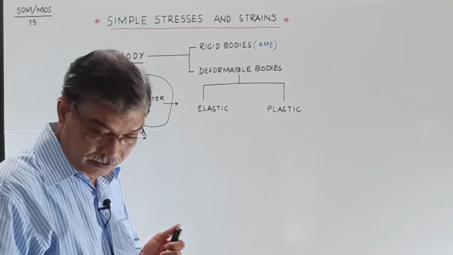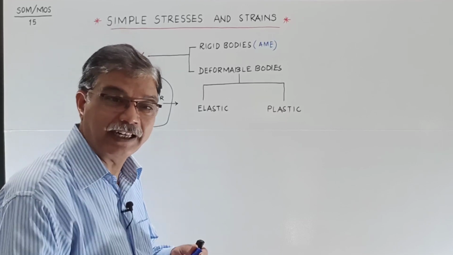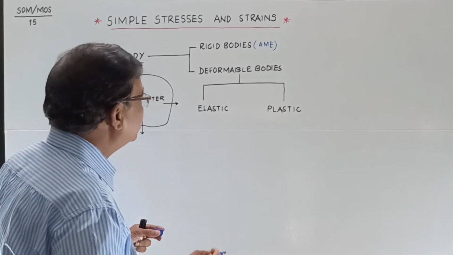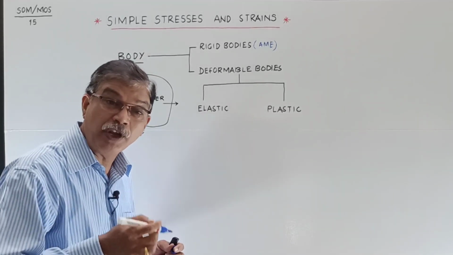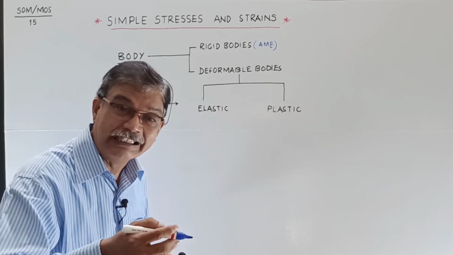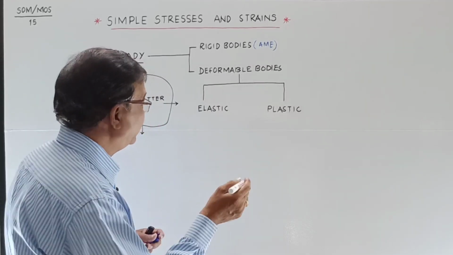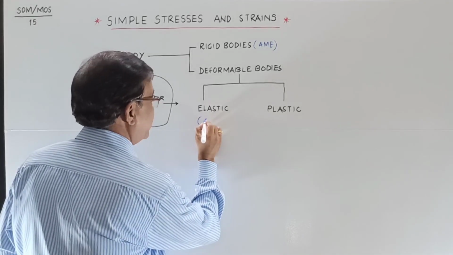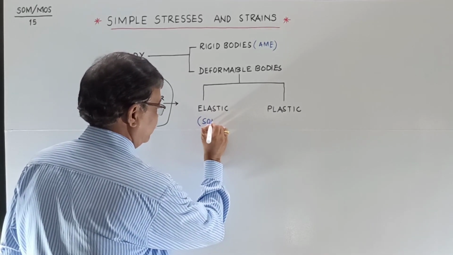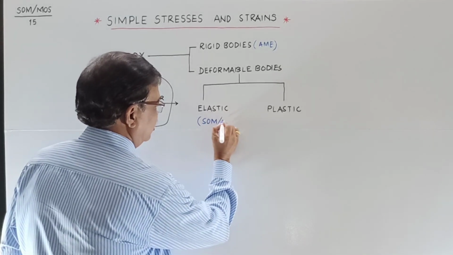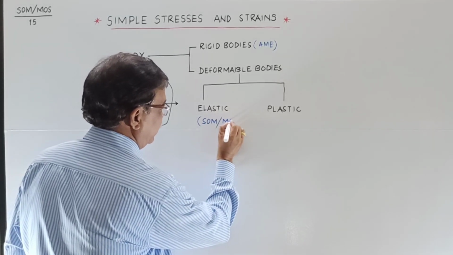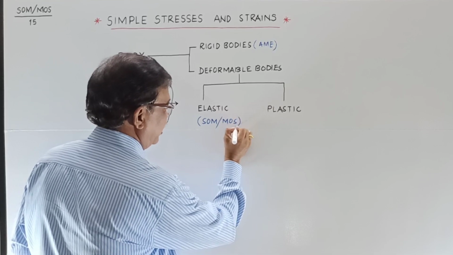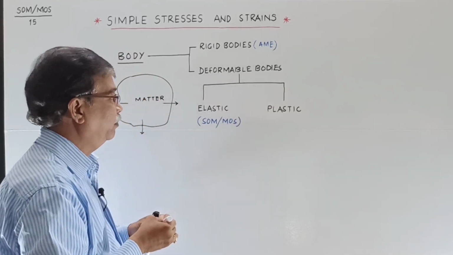Now, if you remember in the second lecture, I have told you that all the bodies which we are going to consider in strength of material or mechanics of structure are assumed to be elastic. So this was the basic difference between applied mechanics and strength of material or mechanics of structure.